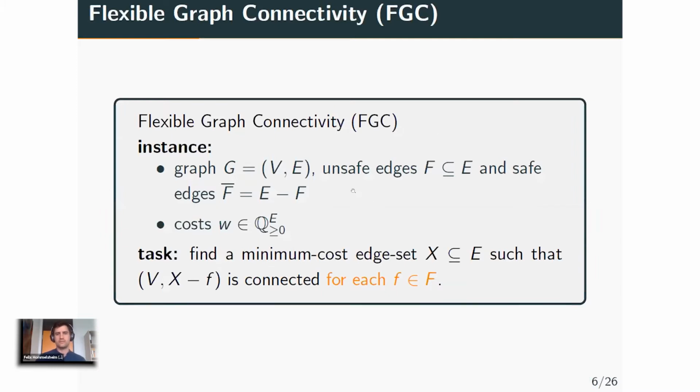We're given a graph, some edge weights, and each edge is either an unsafe edge, then it's in F, or a safe edge, then it's in F bar. And we would like to find a minimum cost set of edges x, such that (V, x minus f) is connected for each f in F. So here you see the difference. We don't have to fulfill this condition for all edges, but only for the unsafe edges in F.